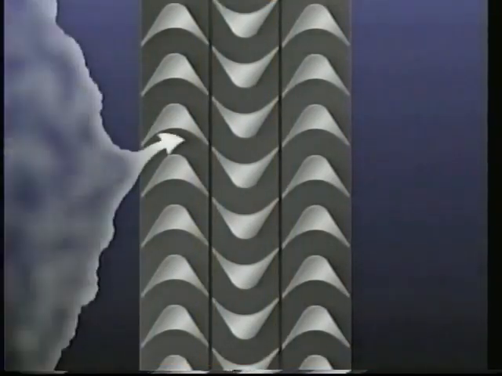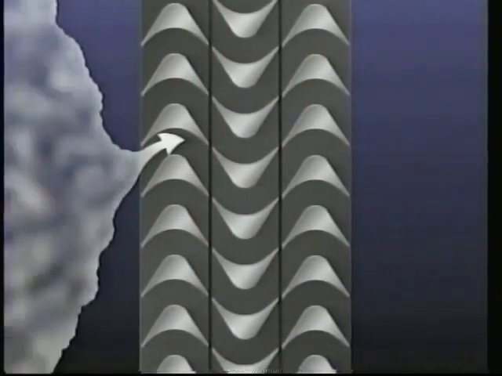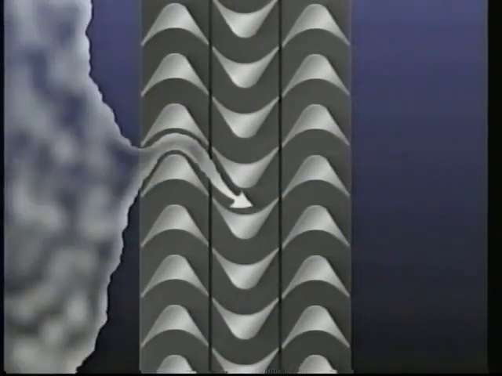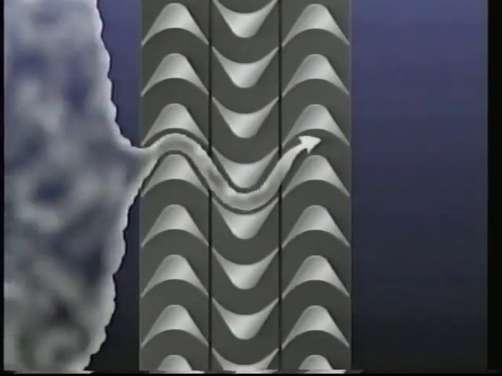The steam flows through the first set of moving blades where some energy is extracted. From here, the steam flow is routed on to the fixed blading. The fixed blading then redirects the flow of steam to the next set of moving blades so that more energy can be extracted from the steam.